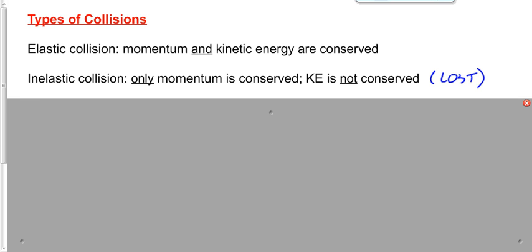Now, what does that calculation look like? Well, you've got to calculate EKI, and you've got to calculate EKF, and you've got to compare them. That's it. If they're the same values, it's elastic. If they're different values, then it's inelastic. All right?